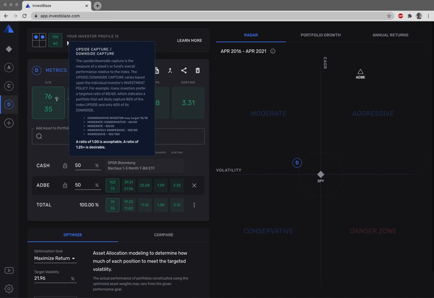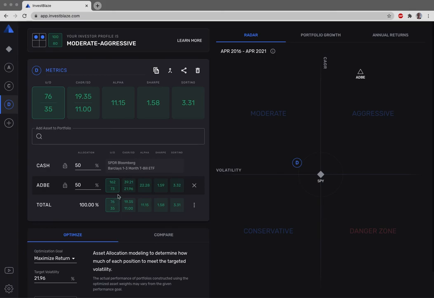You are participating in 76% of the market movement, while only participating in 35% of the downside. Compared to Adobe by itself, it was 162 over 73. So you've significantly decreased the downside capture, meaning you don't have as much volatility to worry about, but you pay that price in the upside as well. That's the give and take.